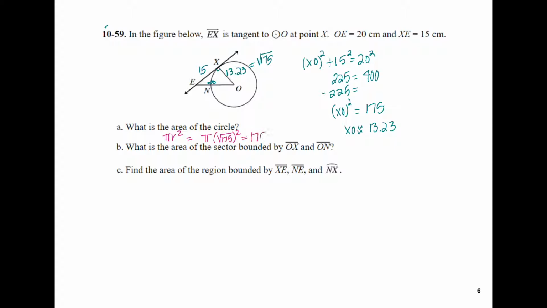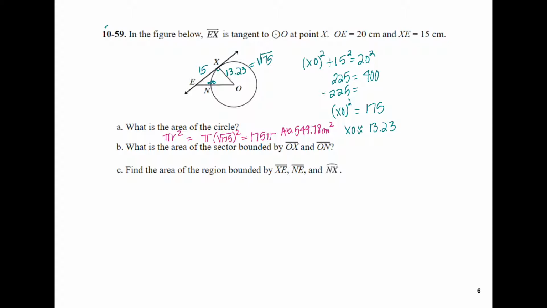So if we have 175 pi, we get the area to be about 549.78 centimeters squared.